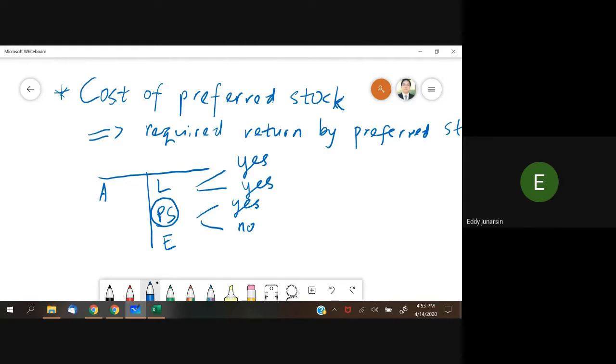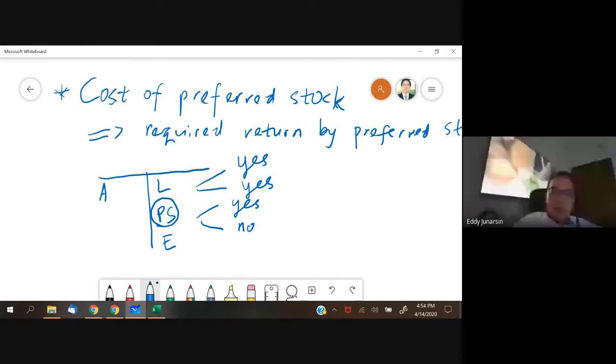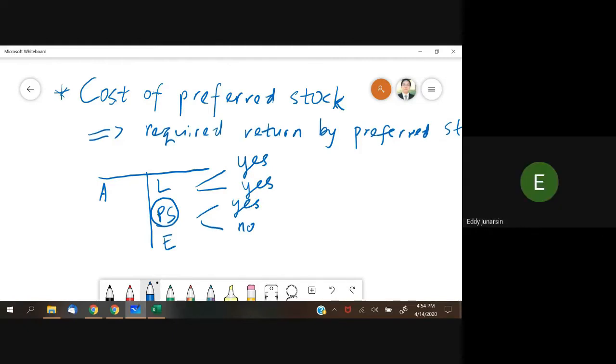Of course, we have a lot of clauses and requirements with respect to the issuance of preferred stock. For example, if we have not cleared the preferred dividend, then most likely we are not allowed to pay the common dividend. So there are a lot of restrictions on account of not paying the preferred dividend.